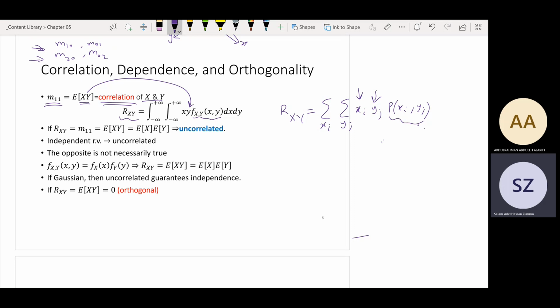So what you can see is this correlation gives you the average amount of how xi and yj are similar. ليش؟ لأنها تكون كبيرة متى؟ لما هذه very frequent و xi and yj are both large or both small negatively. لكن for small values xi and yj, even if they are frequent, you will get a smaller portion. لكن for large values, however, even for less frequent, you will get also small values.